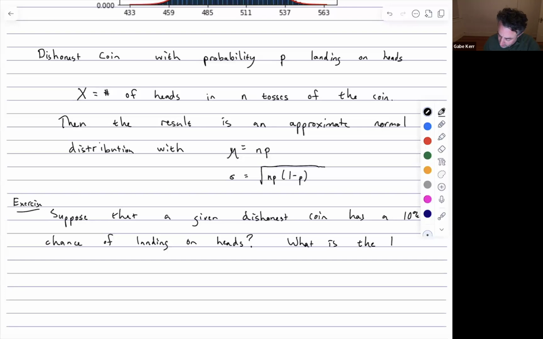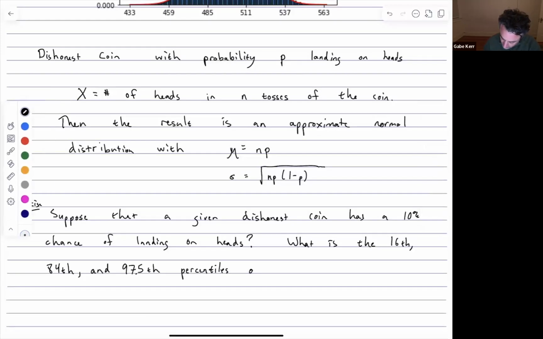We'll do the 16th, 84th, and 97.5th percentiles of the number of heads if you were to flip x if n is, say, 1,000. So we'll do 1,000. No question mark here, sorry about that.